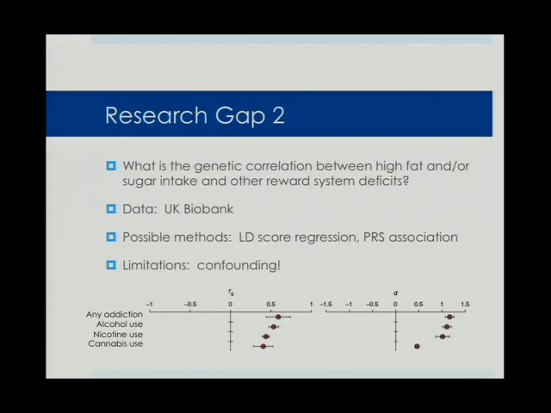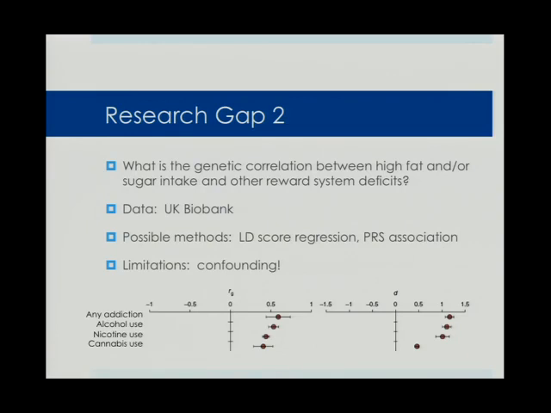And again, the UK Biobank also has data on alcohol intake, tobacco use, cannabis use, and then sadly there are data available on other substance uses, but they're not quite as easily coded for use, though it's not impossible. And then some possible methods, the most basic would be an LD score regression or a polygenic risk score association.